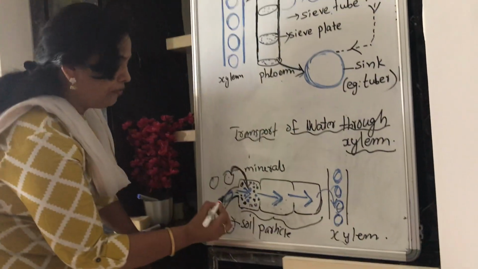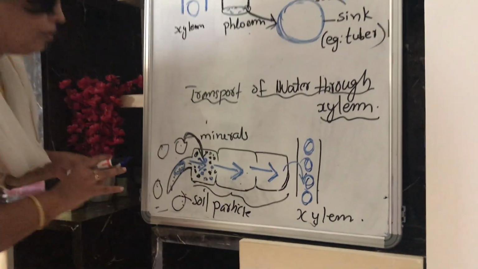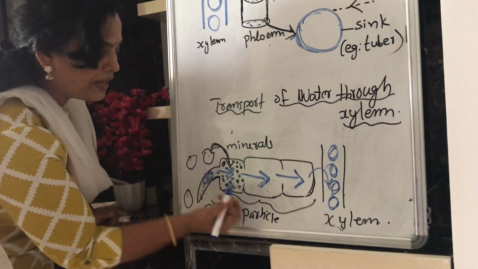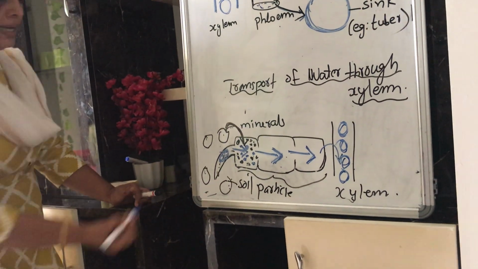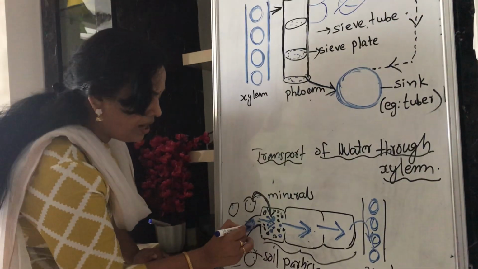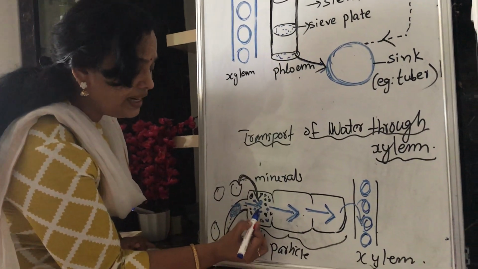Now you have to compare the water present in the vacuole, shown with the blue dots, and the water molecules present in the epidermal cells. Since the vacuole is absorbing water by diffusion, it has many water molecules, whereas in the epidermal cells the water molecules are less.